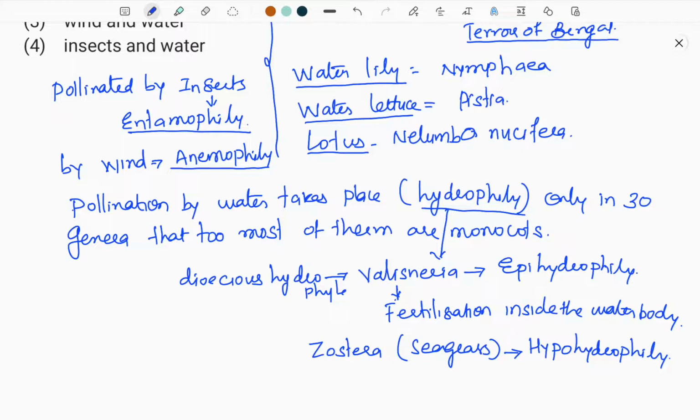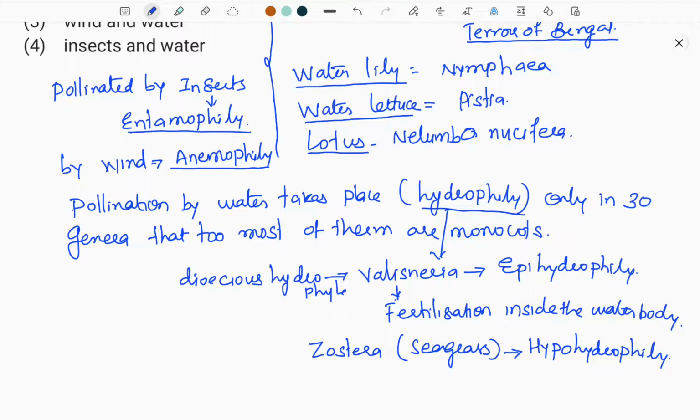See here, in hypohydrophilous plants like Zostera, the specific density of pollen grains is equal to that of the marine water. Do remember. So the pollen grains neither go to the bottom of the water body, nor free float on the surface of the water body.